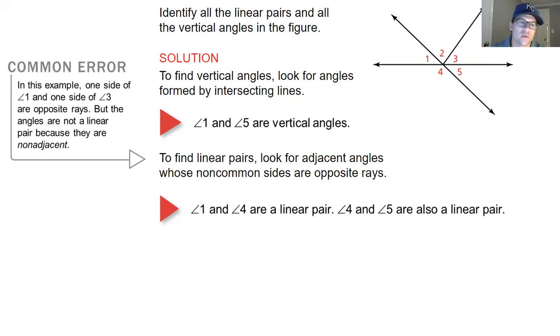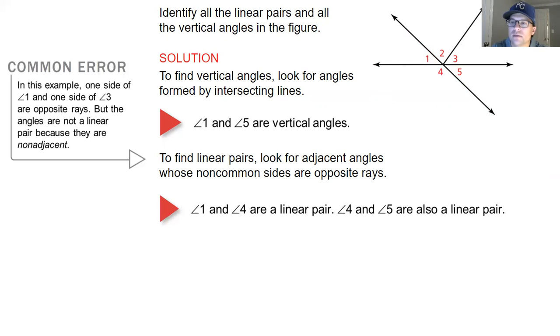So in this example, one side of angle 1 and one side of angle 3 are opposite sides, but the angles themselves are not a linear pair because they don't share a common side. They are not adjacent. Notice that there's an angle 2 that is separating them.